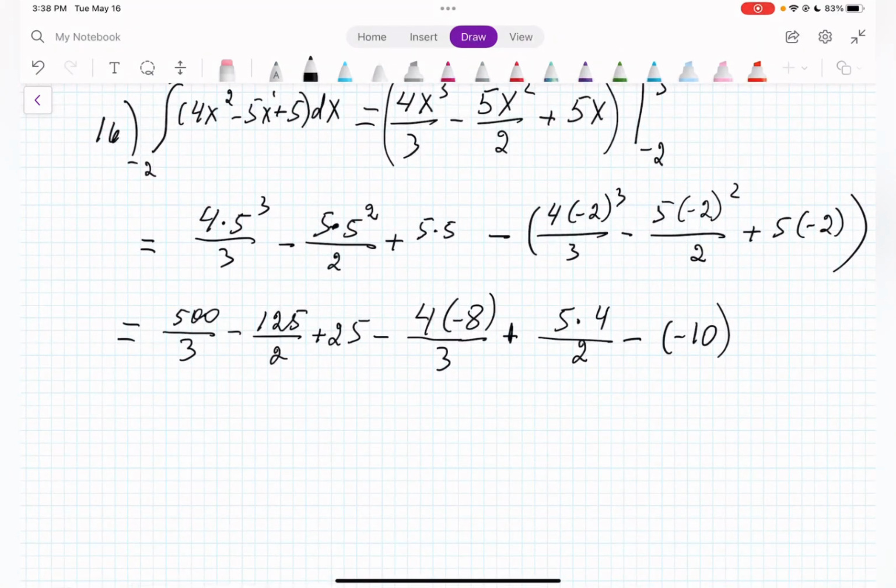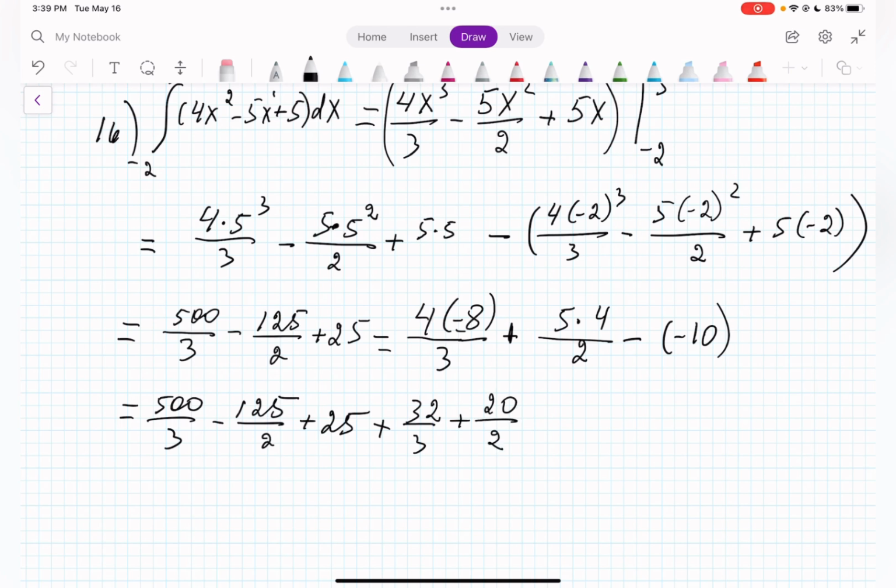Okay, now let's clear all the signs. We are going to get 500 over 3 minus 125 over 2 plus 25. It's going to be plus here, because this -8 and this negative is going to be plus 32 over 3 plus 20 over 2 and plus 10.